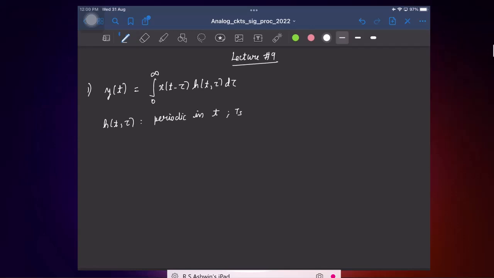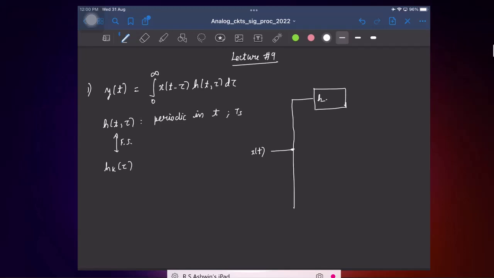And being a periodic signal, we decomposed it using Fourier series decomposition, and that told that any LPTV system can be modeled like this, where the input x of t goes through a bank of LTI filters, and the impulse responses of these filters are the Fourier series coefficients of this impulse response, which we denoted as hk of tau.